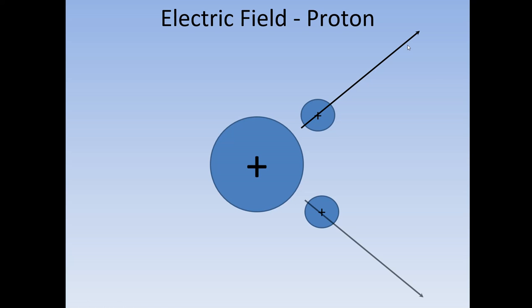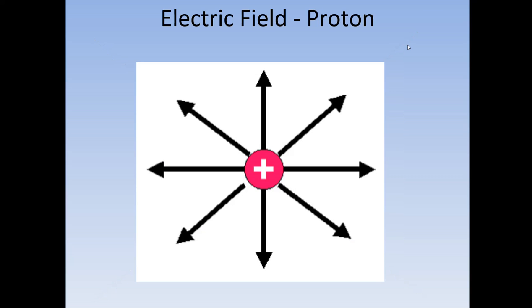It would go away. Put it here, goes away. There, goes away. So no matter where I put it around this positive object, it will always go away. So the electric field around a positive object or a proton would look like this. Because wherever I put a tiny, tiny proton, it would always go away from it. All right? So that's what the electric field around a positive object looks like.